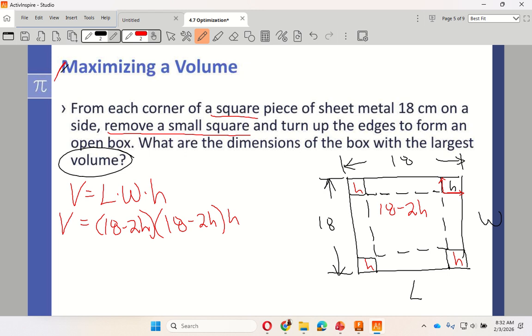Are we okay with that so far? So I have it all in terms of h. And so now I don't have any other odd variables or anything, no x's, no y's, all in h.